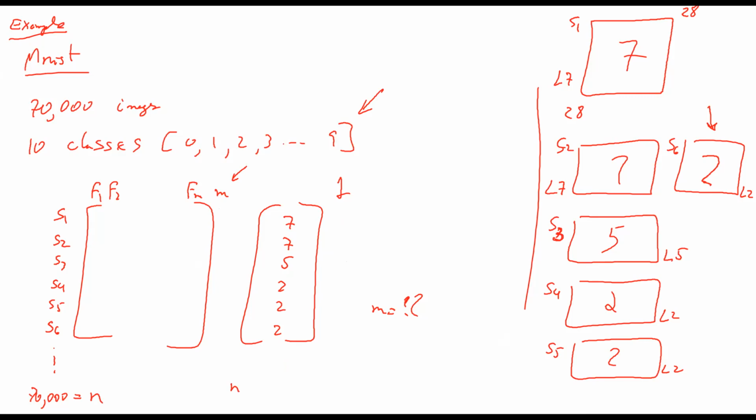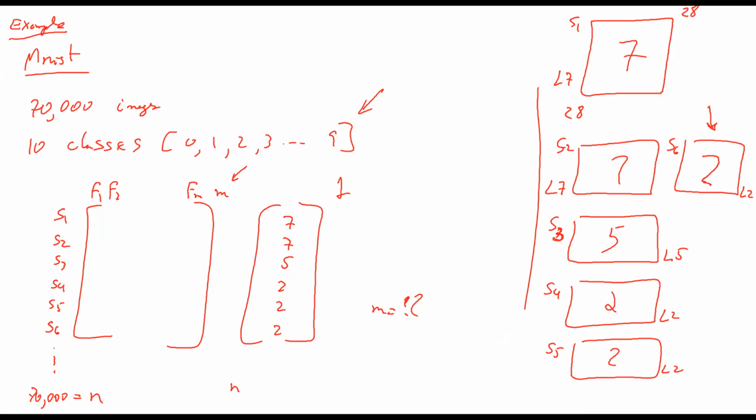We are using 70,000 images. You're correct there. So what would it be? 700,000? Nope. 70,000 is not M.